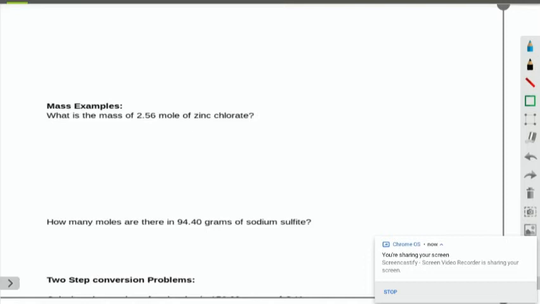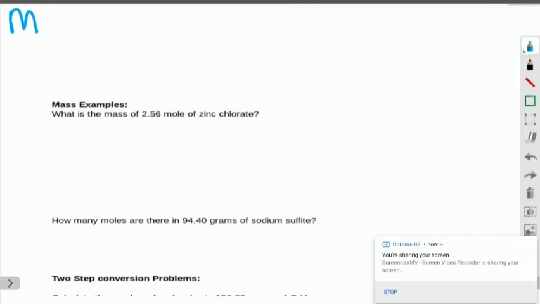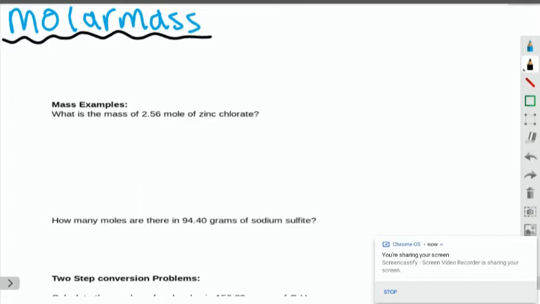But for now, we're just going to focus on mass examples today. These will be any examples using molar mass. So the first step you will want to do is find the molar mass.